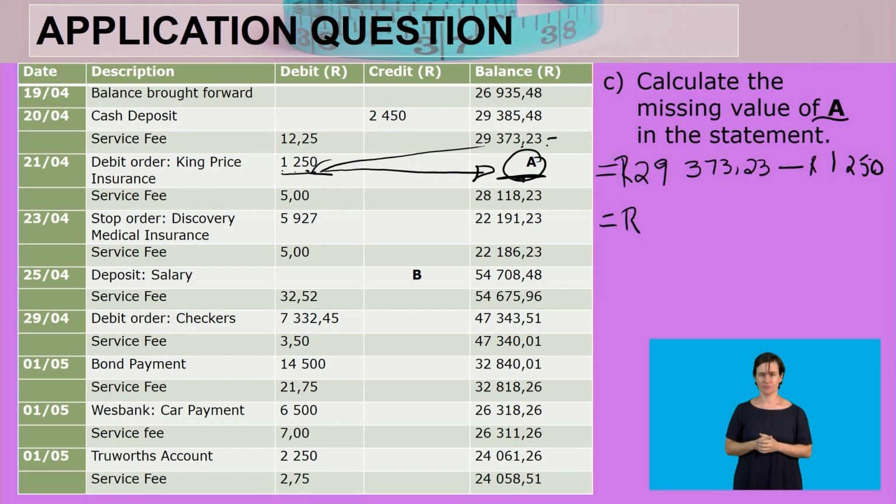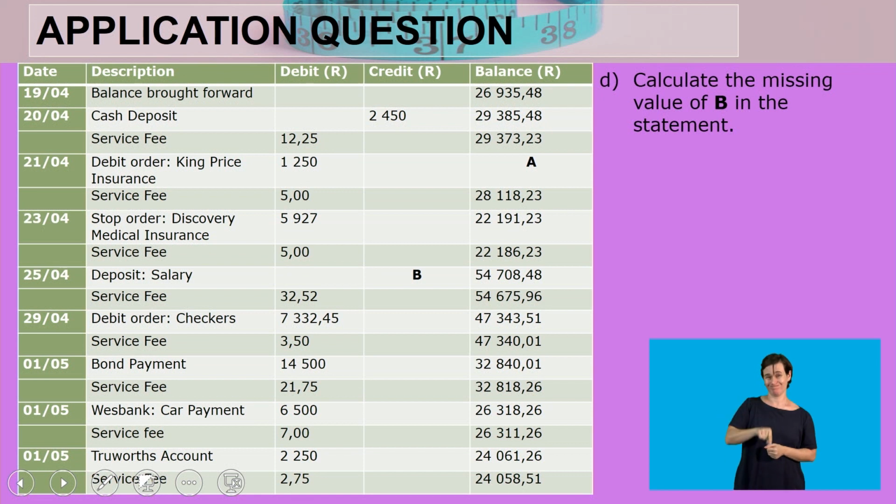We are going to have a new balance of 28,123 rand 23 cents. So that will be the new balance on this day after the 1,250 has been debited.